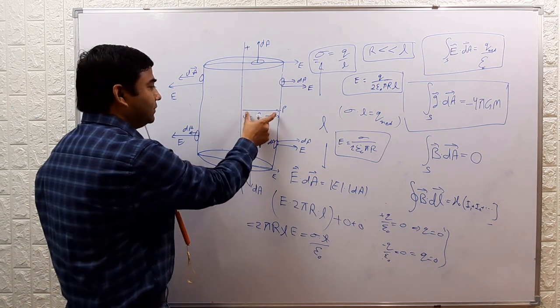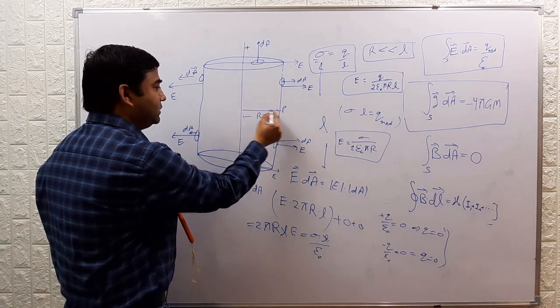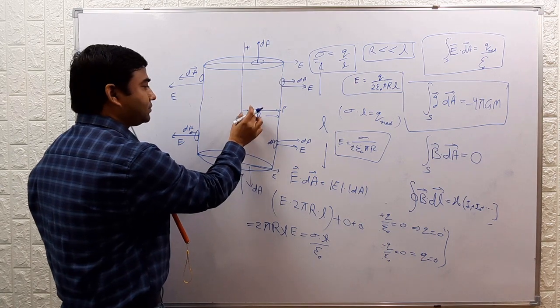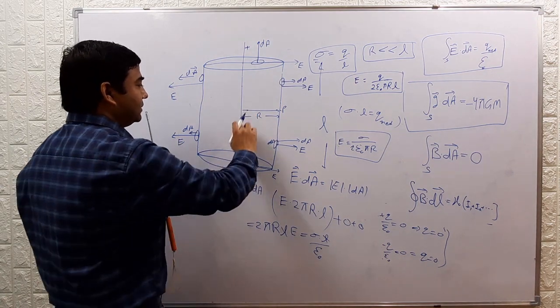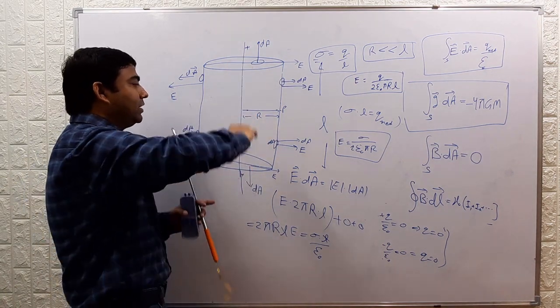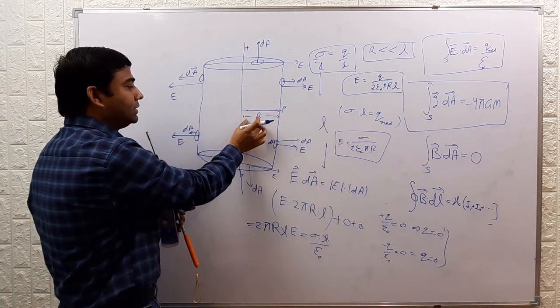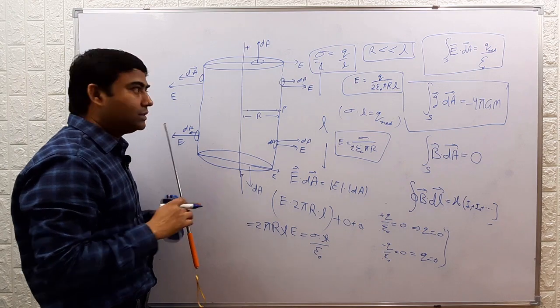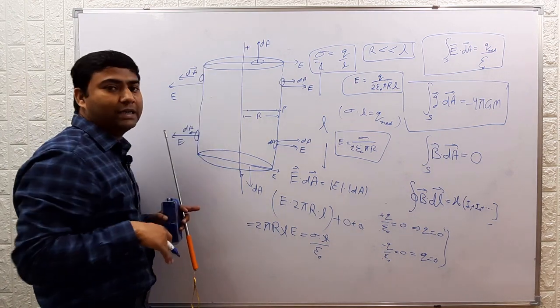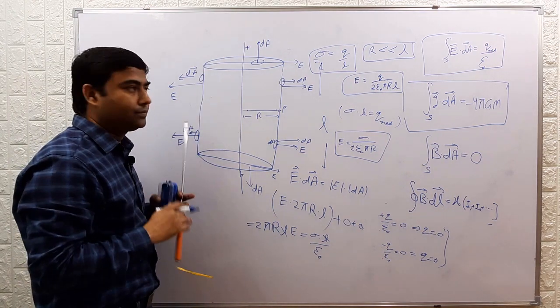So if the point P is very close to this wire, and the length of the wire is appreciably greater than r, then we can assume the wire is infinitely long.